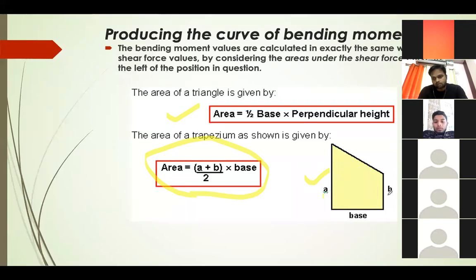A and b are on either sides, and this will be your base. We will be using these two formulas for finding out the area. Now we are going to find out the bending moments. We are going to get the bending moment values, and we'll be plotting them on the graph.